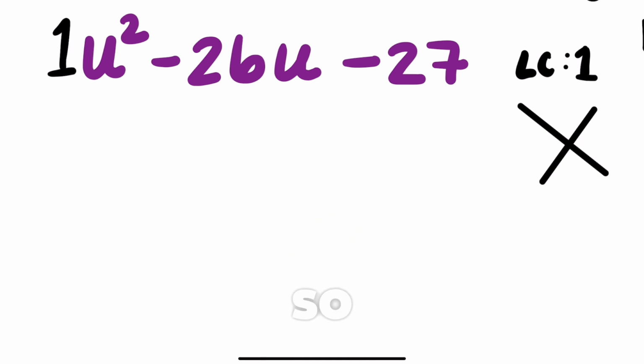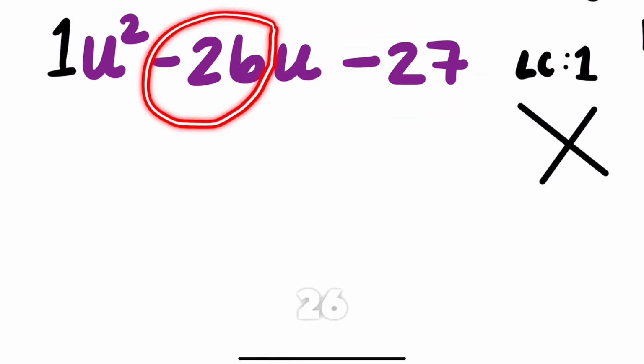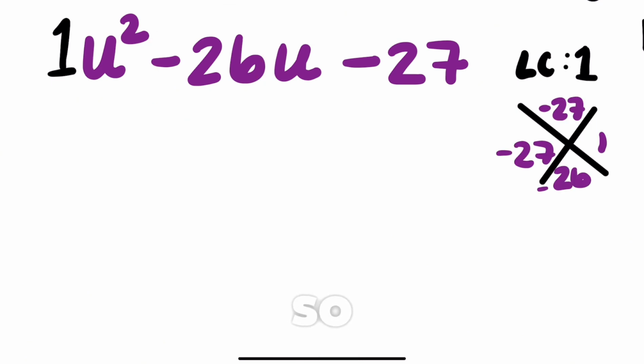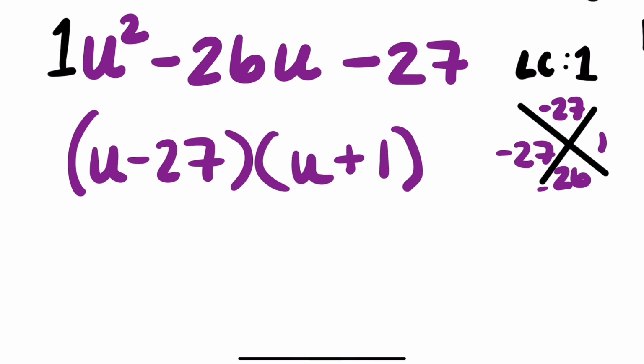The X method says we're looking for two numbers that would multiply to negative 27, but when you add them, you get negative 26. So we can now factor this as u minus 27 and u plus 1.